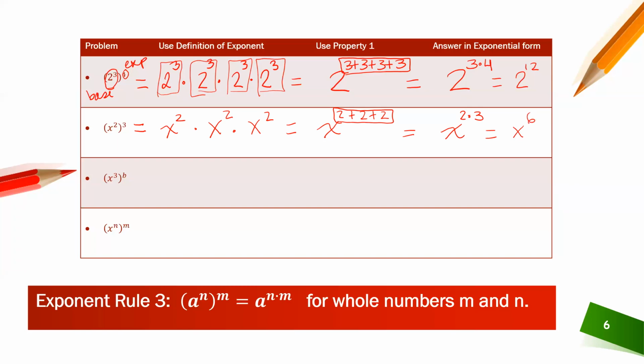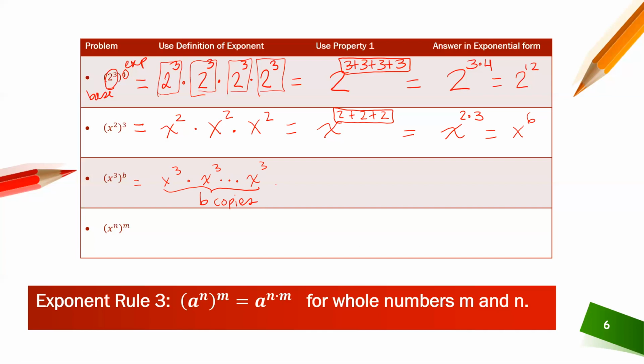Okay. Now, the same concept will apply. We have x to the 3rd power multiplied by x to the 3rd power. In this case, how many copies do we have? We have b copies, right?